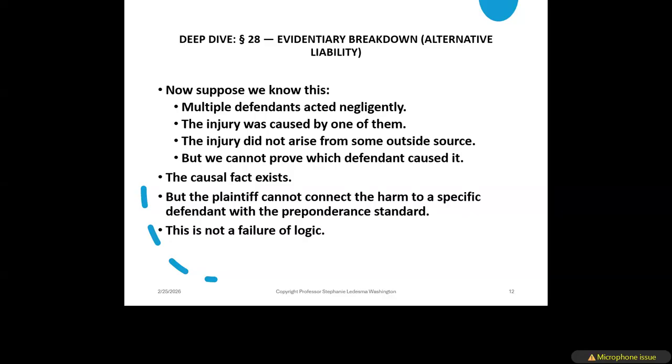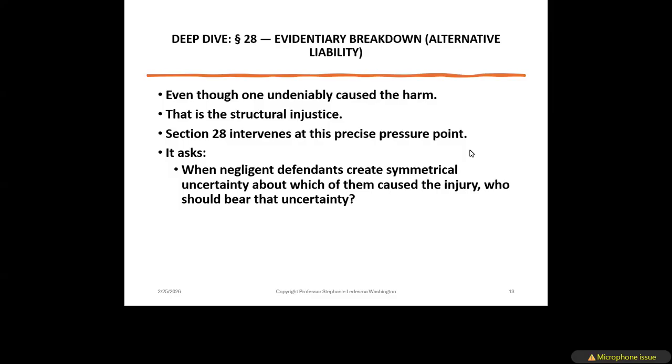And if the plaintiff can't establish the preponderance of the evidence, then the plaintiff is supposed to lose. But when I have a situation where, by all best efforts, the plaintiff can't provide this proof, well, without the application of 28, what you're going to have is the plaintiff losing.